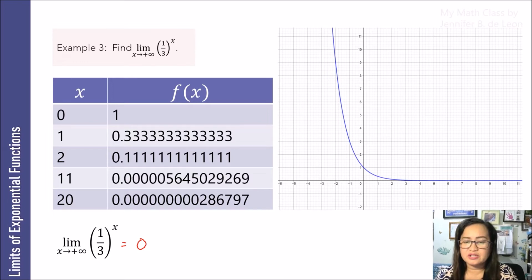As we trace the graph as x increases without bound, we can see that we are approaching the x-axis. So the graph is asymptotic to 0, and we can really say that the limit of 1/3 raised to x as x approaches positive infinity is equal to 0.